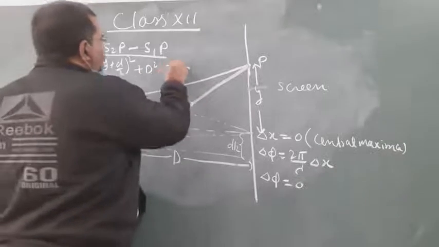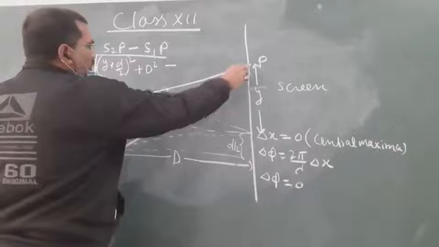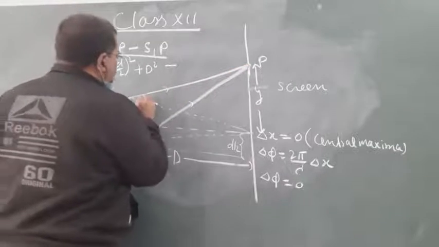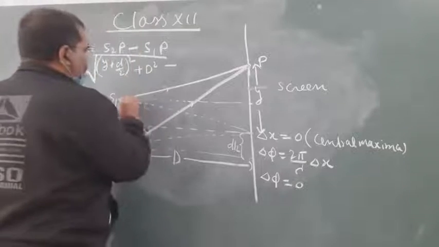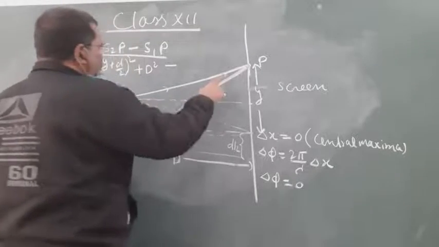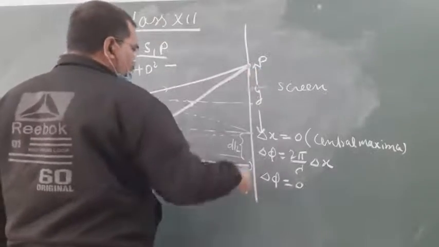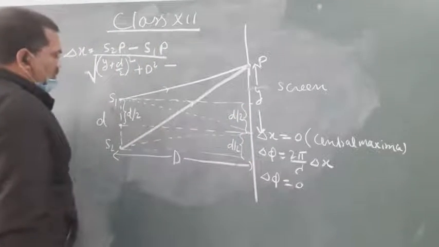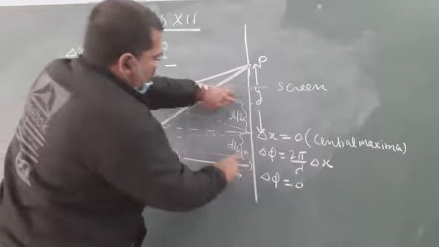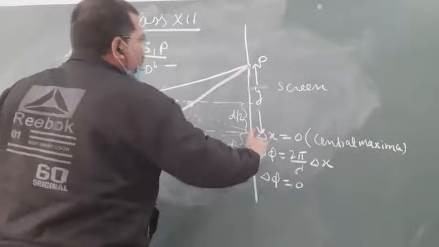Similarly, what is S1P? Take this line here. So S1P equals y minus d by 2. This is d, so d by 2, d by 2.